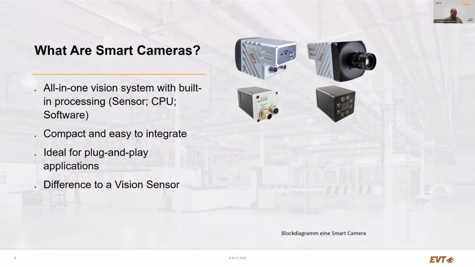That means you have an image sensor in the housing, you have a CPU inside, and of course you have PLC I/O. And finally, if it's not only a brick, then you also need some software. Only the software makes a smart camera valuable.